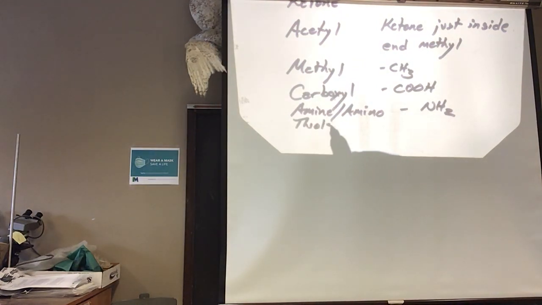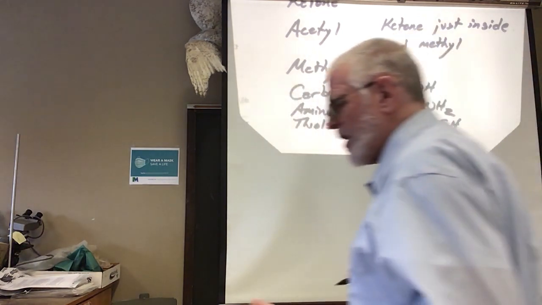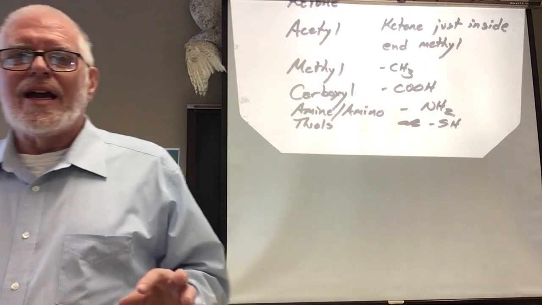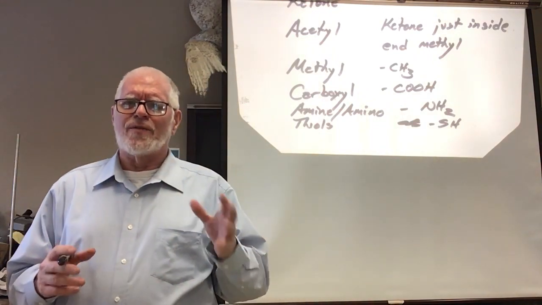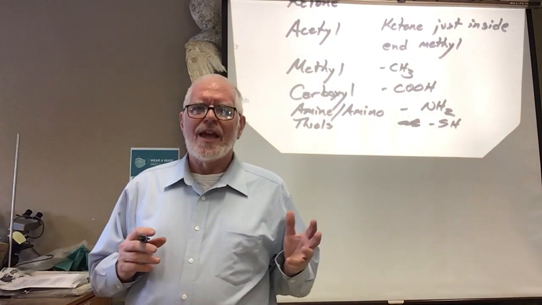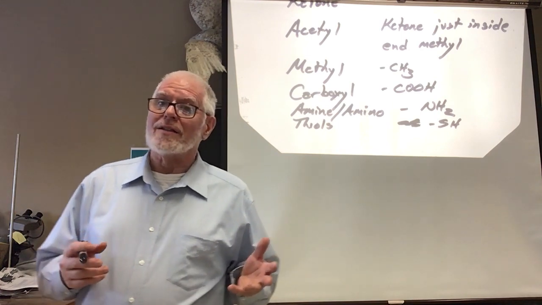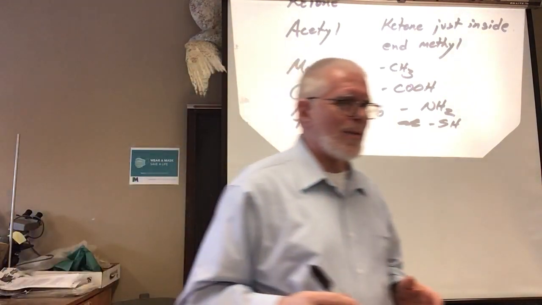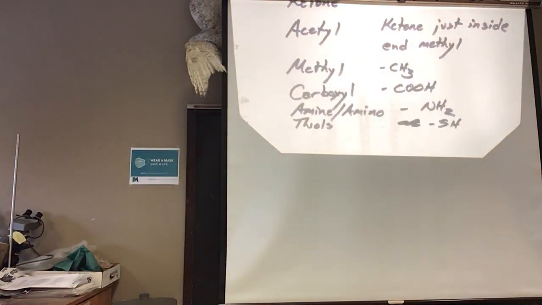I'm trying to squeeze them in here. Crap. A sulfur group used to be called a mercaptan. Sometimes you see here sulfhydryl, and thiol seems to be mostly what you hear when you've got a sulfur group tagged on the end.